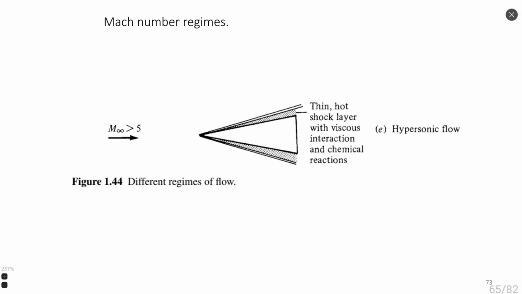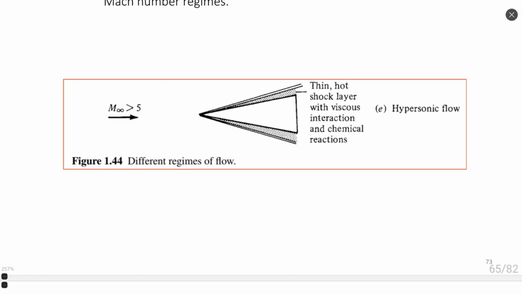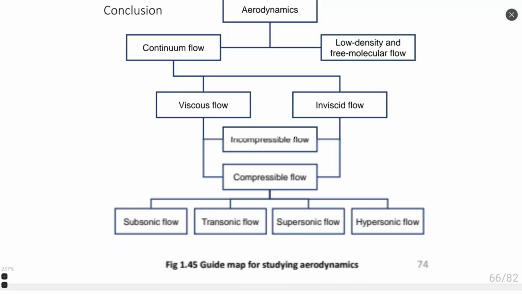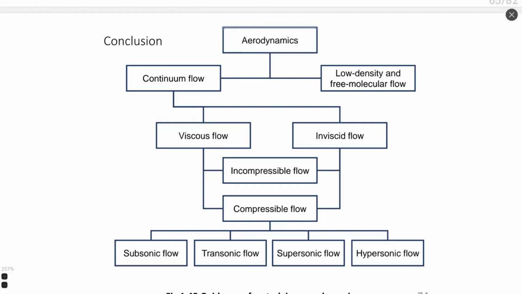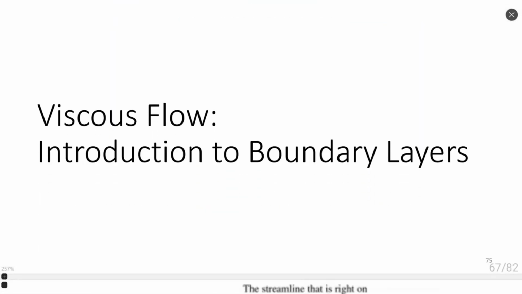You can see a very short chapter on hypersonic flow in the Anderson book. So these are the types of flows I wanted to present to you today. Guide map of studying aerodynamics that Anderson gives.